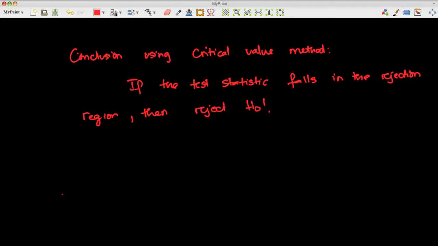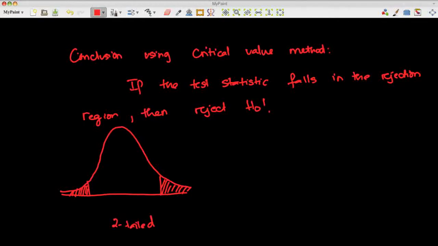So take a two-tailed scenario with arbitrary rejection regions. So I have a rejection region on the right hand side, rejection region on the left hand side. This is a two-tailed situation, and here there's a critical value, another critical value.